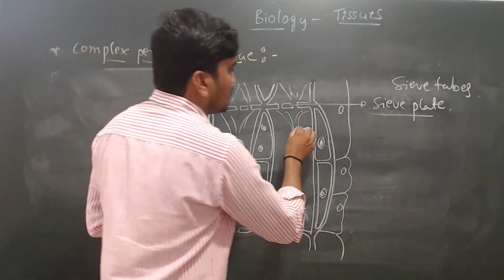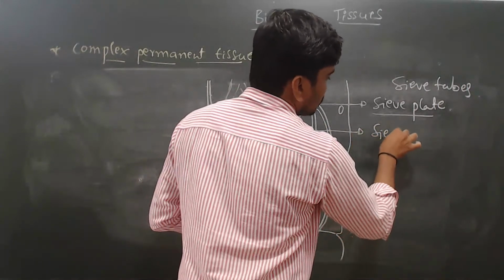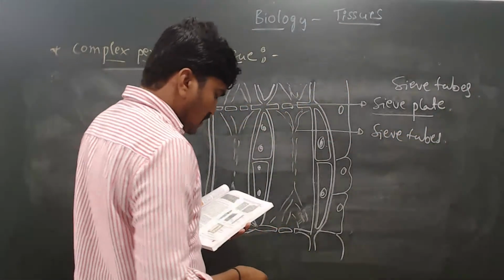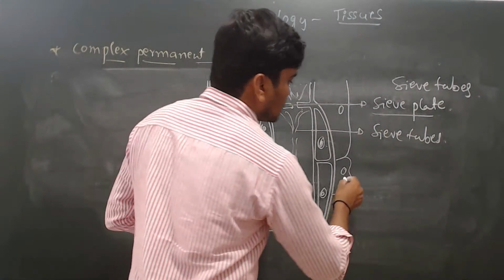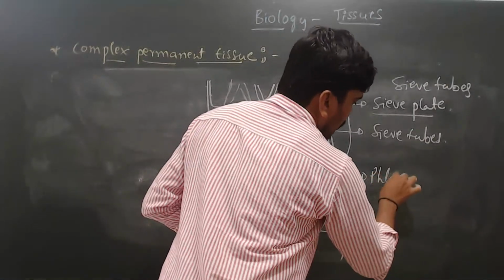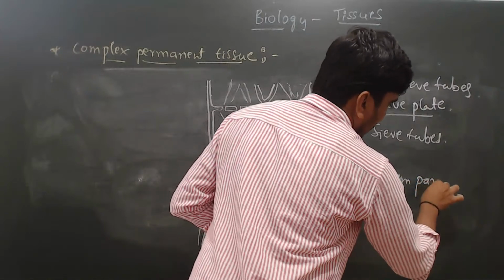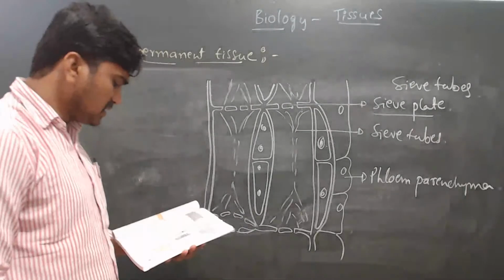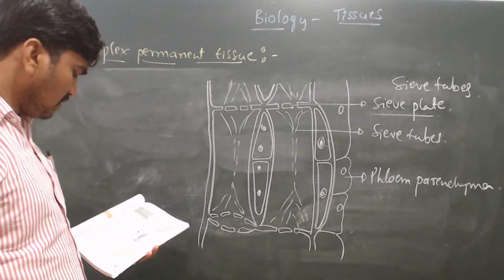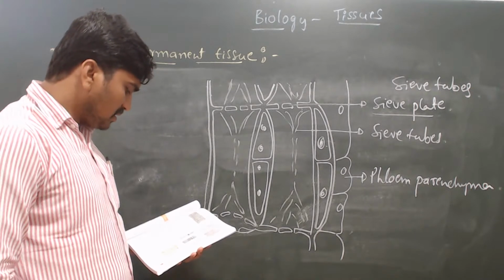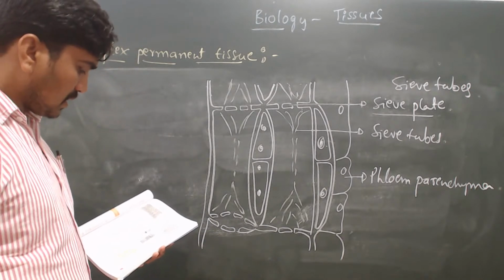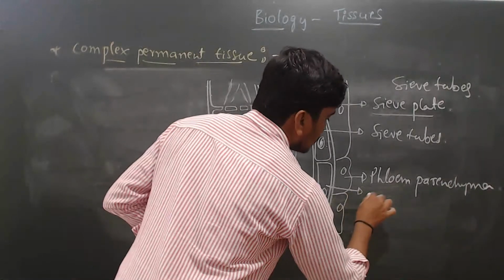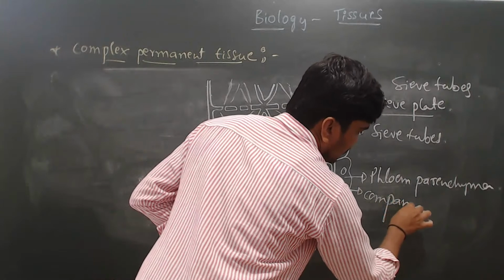Then here this one is known as sieve tubes. Then phloem parenchyma: this outer structure is known as phloem parenchyma, and the next one, companion cells. Here this one is known as companion cells.